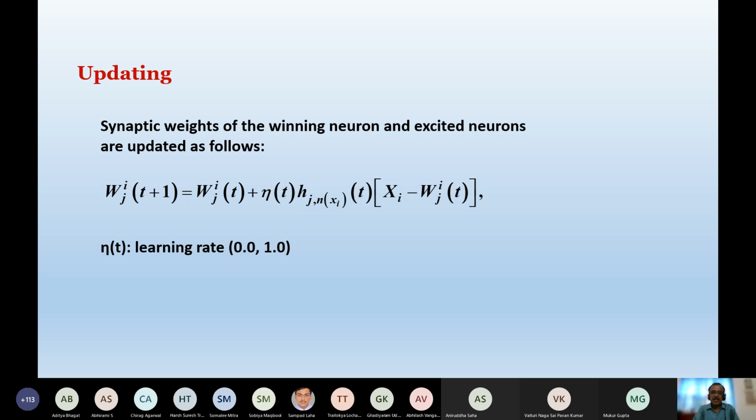That is the difference between the input neuron and the connecting weight. So we are going to update. Both the teachers as well as the students are going to be updated. Are you getting my point?